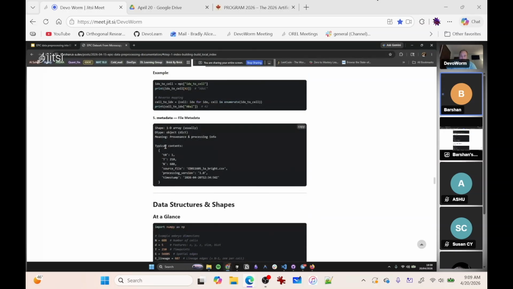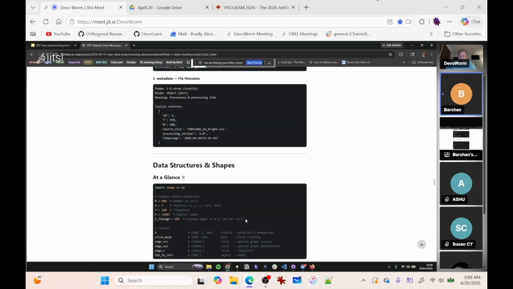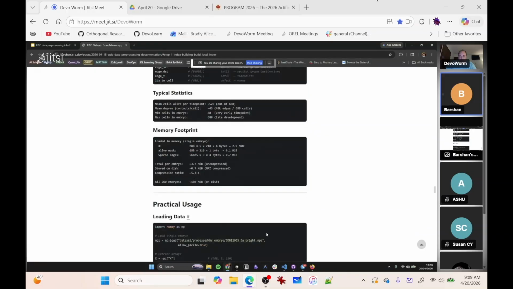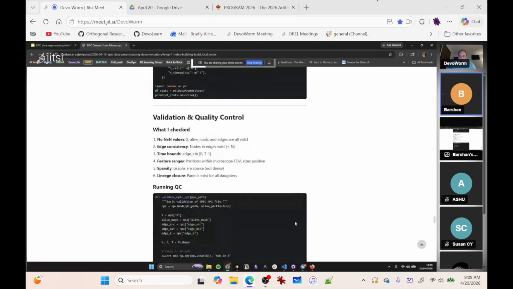I've also mentioned the typical contents of the file, with timestamps, and the data structure of a file, like the number of cells in a single CSV. Other than that, I ran a few validations.